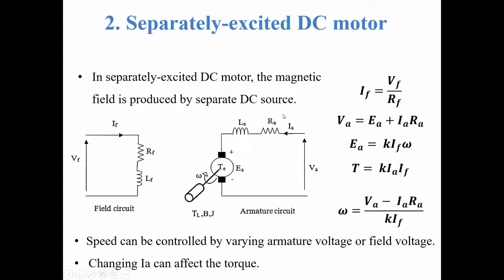Like, for instance, in the field, as you can see, this is a field circuit. We have a resistance and inductance, actually due to the field winding.